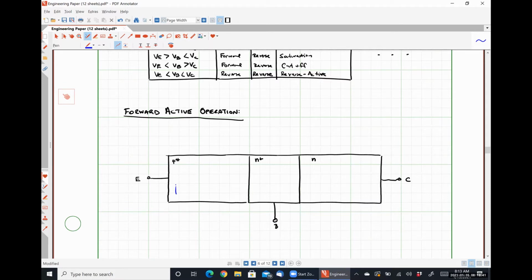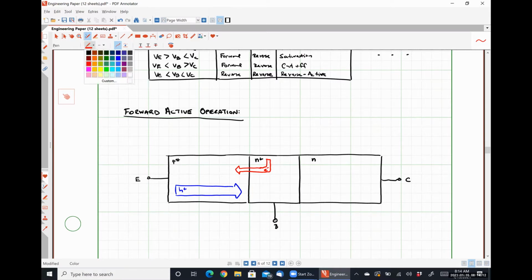So we're going to bias this guy in such a way that we have holes moving towards the base and electrons being supplied by the base.